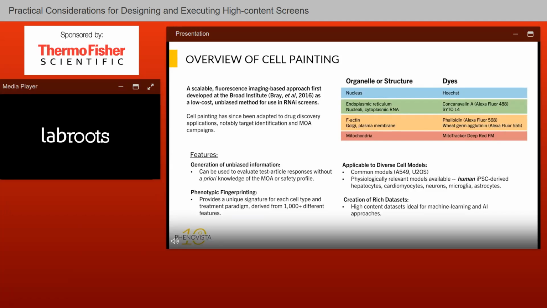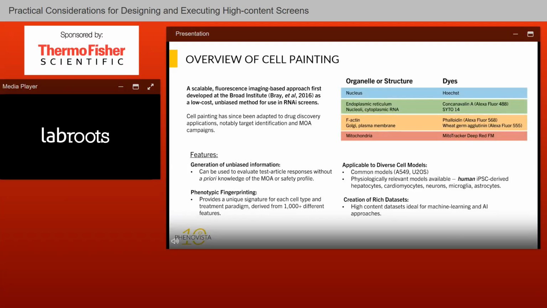Commonly, cell painting is used in A549 and U2OS cells. We see a lot of our clients in the drug discovery space wanting to take a similar approach, but applying it to more tissue-specific cell types: hepatocytes, cardiomyocytes, neurons, microglia, astrocytes, all human iPS-derived typically.